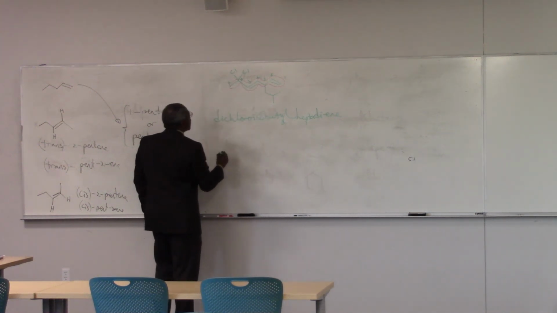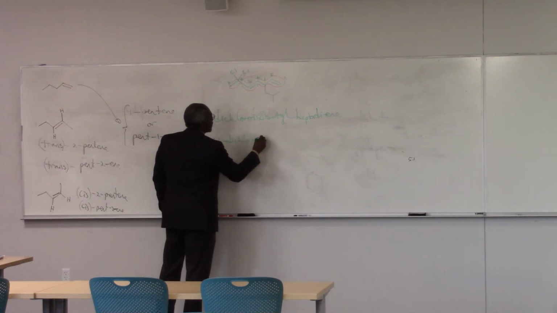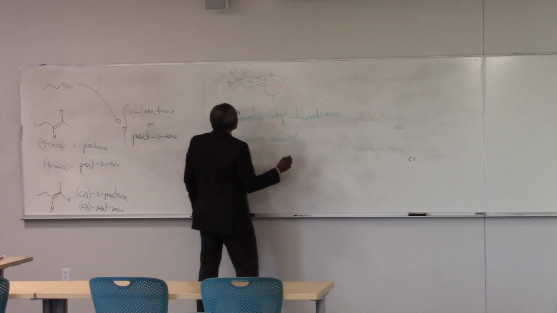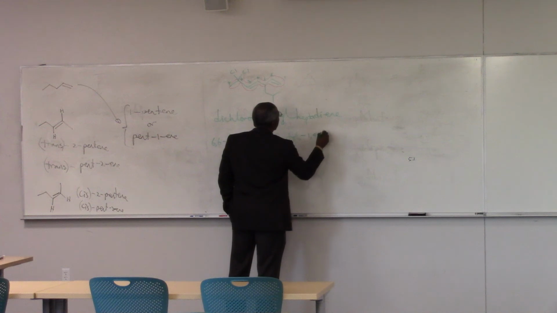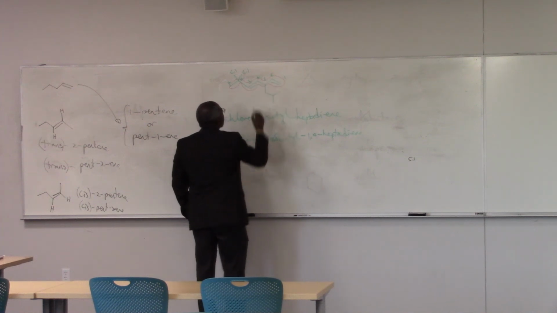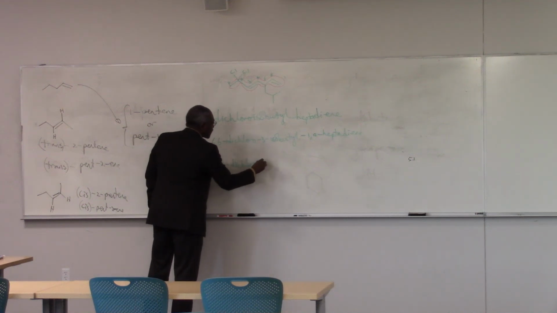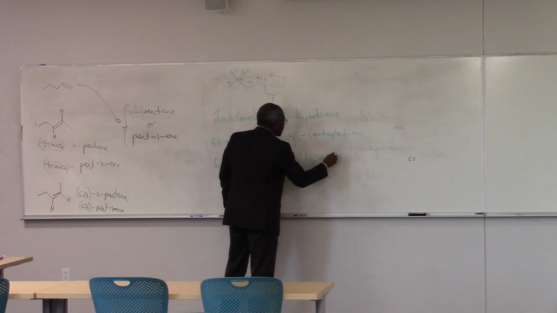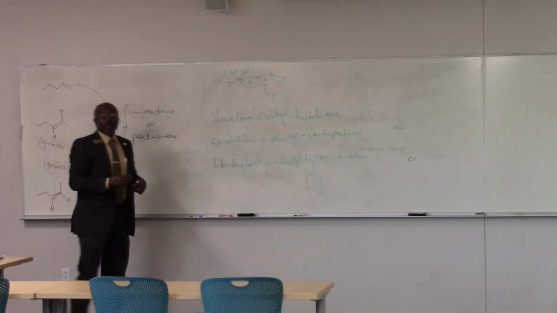And I will call this compound 6,6-dichloro-3-isobutyl-1,4-heptadiene, or 6,6-dichloro-3-isobutylhepta-1,4-diene. So either one of those 2 names would work.